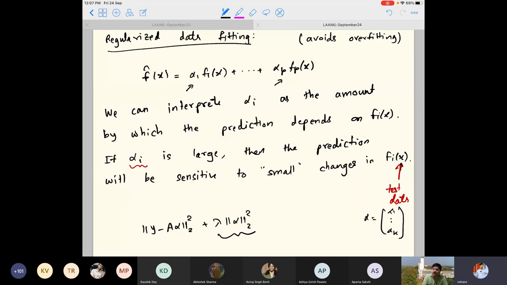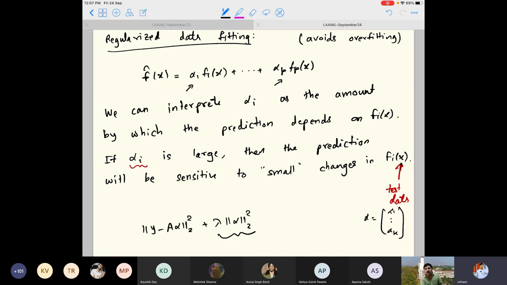The only exception is if the basis function were the constant one, then you do not really care whether its alpha is small or large, because this basis function will always be constant. Seen from that point of view, this is basically nothing but ridge regression.